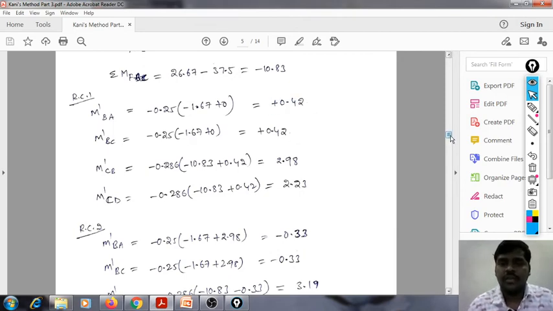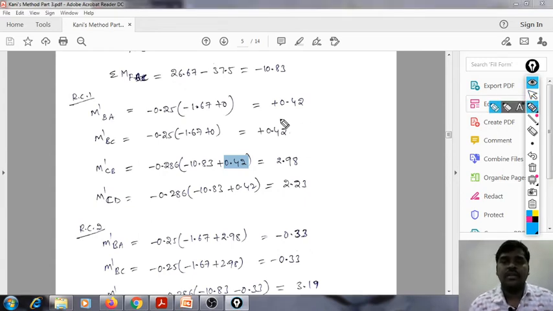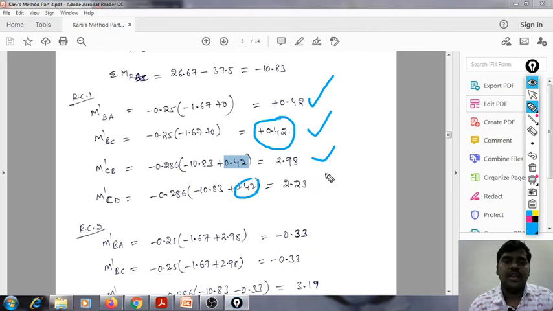So in the same manner, we have to calculate this value also. But here, taking the far end contributions, we have to consider this 0.42 value here. And in the same manner, same here. So if you look at these four values, 0.42, 0.42, 2.98 and 2.23.